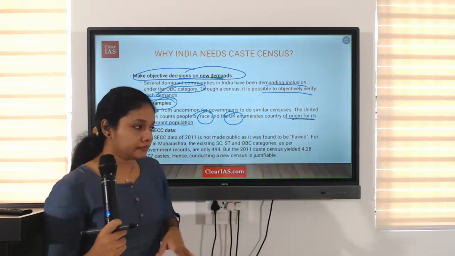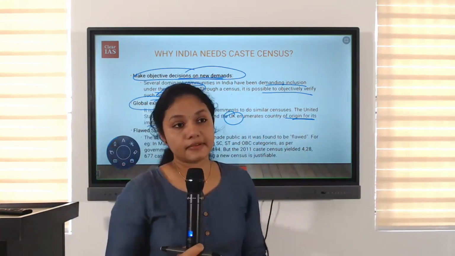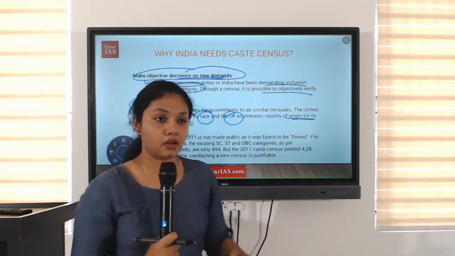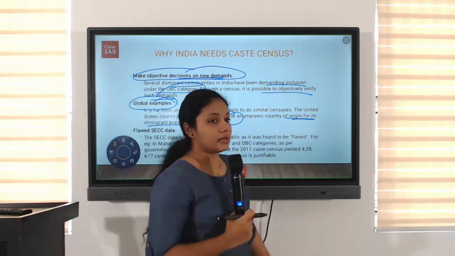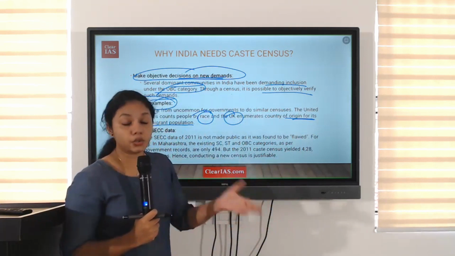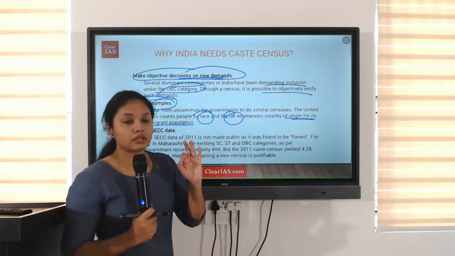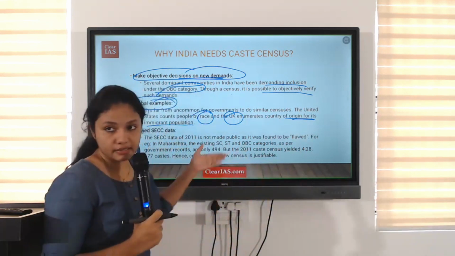It's not like India will be the first country to identify or exercise something like that. The UK makes the count based on race, and the US and UK count based on the immigrant population, ancestor population.